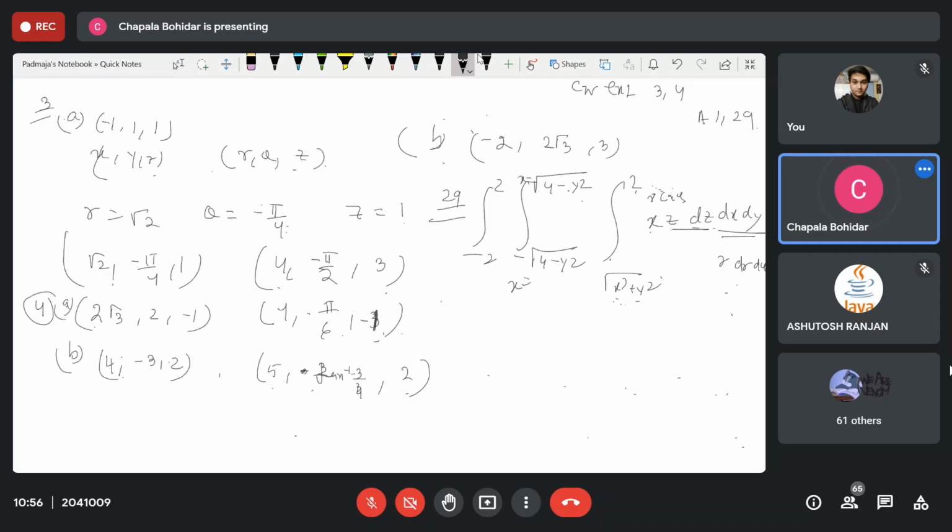And here it is x square plus y square, so x square plus y square is equal to 4. So your r lies from 0 to 2 and theta lies from 0 to 2 pi. You convert it like your example and solve this problem.